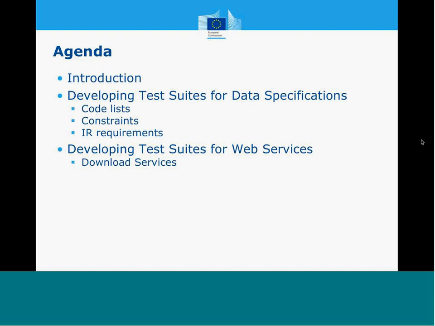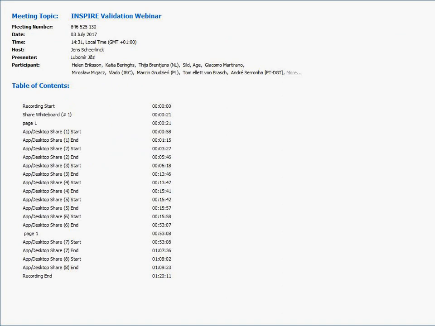This is not meant as an introduction to the overall validator, but we assume the people on the call will have some basic familiarity with this tool and with the work that has been done. If you are new to this and don't have any information about the current validator status, we will make available to all participants after the call some introductory slides that present the work that has been done so far.